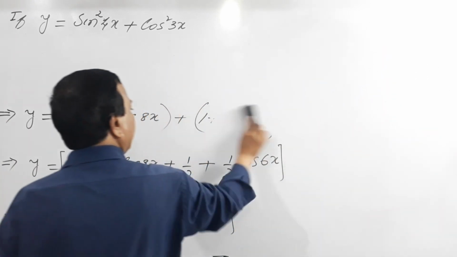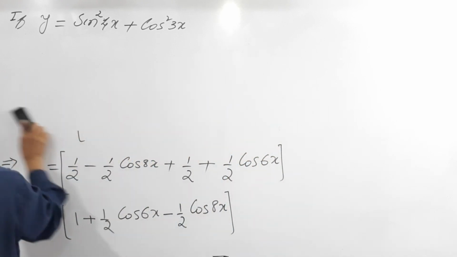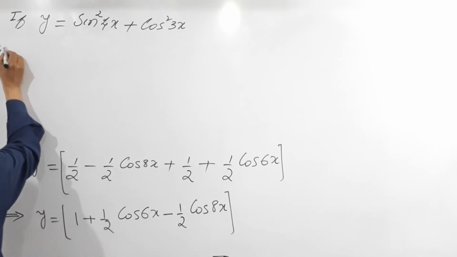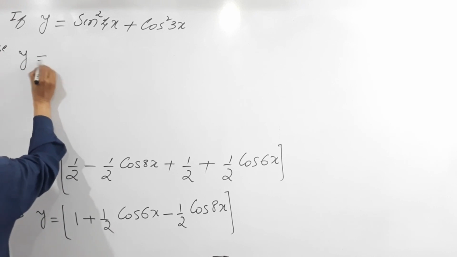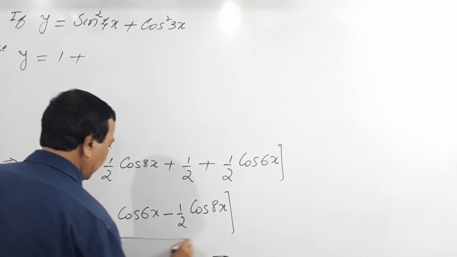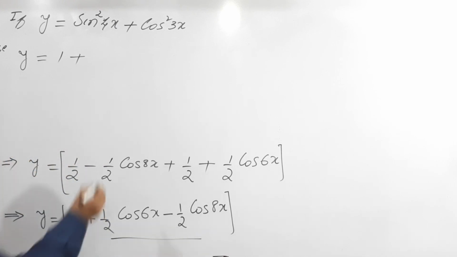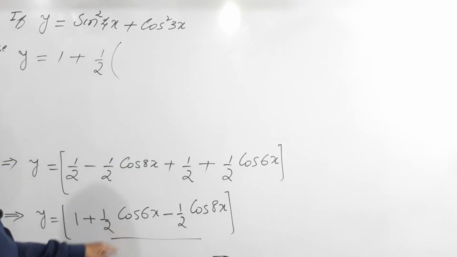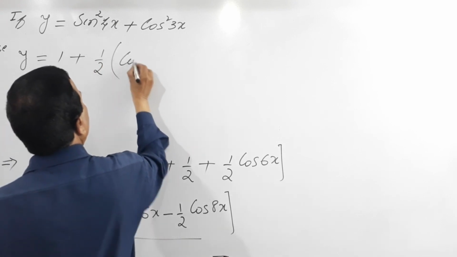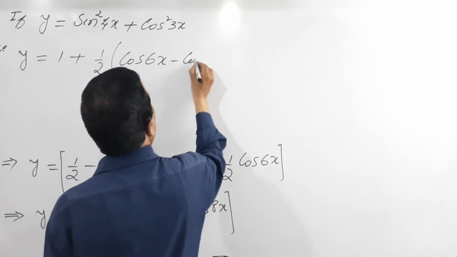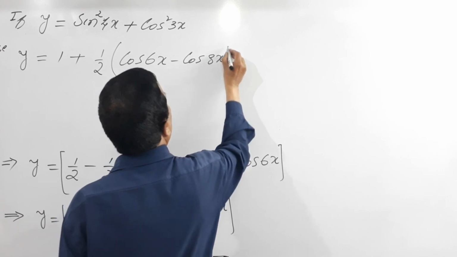One more step: I will remove these brackets. That is y equals 1 plus, among this I take half common, this will be cos 6x minus cos 8x.